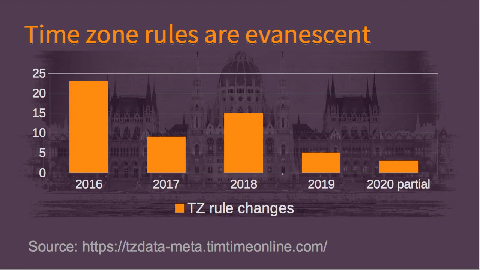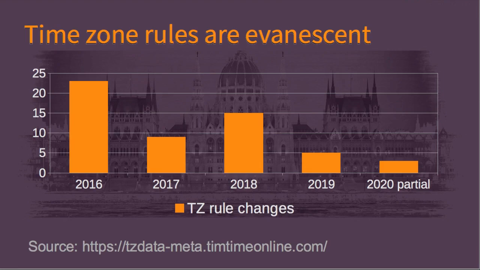If you go to the timeanddate.com site, one of the things they do is harvest information from the IANA time zone database to show you all the changes that are happening in each year.